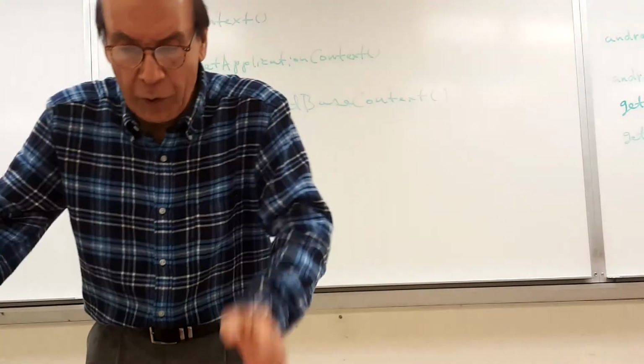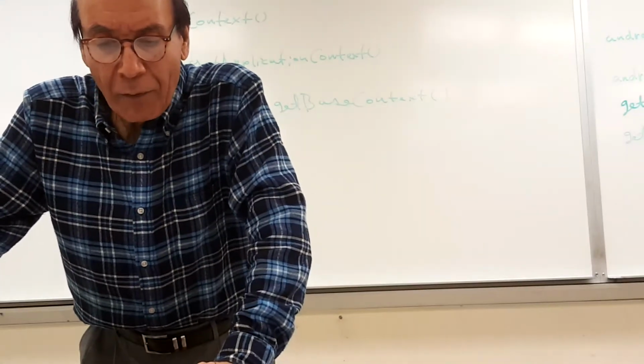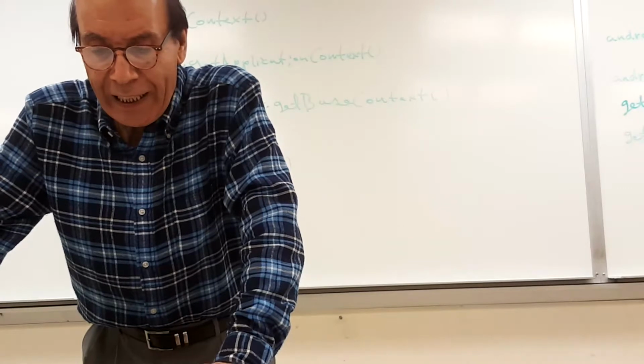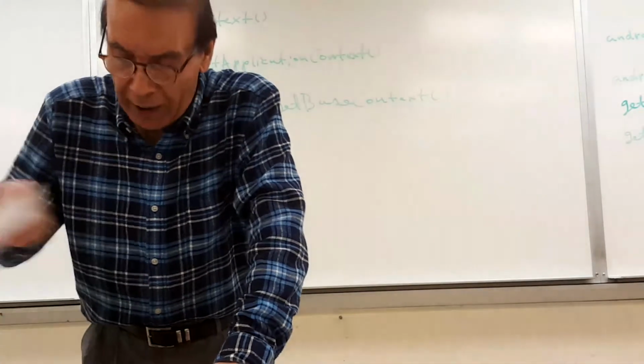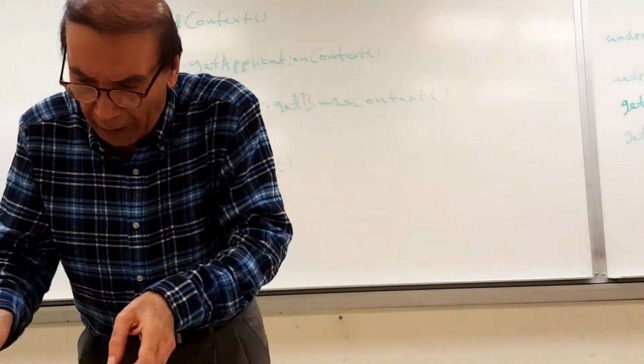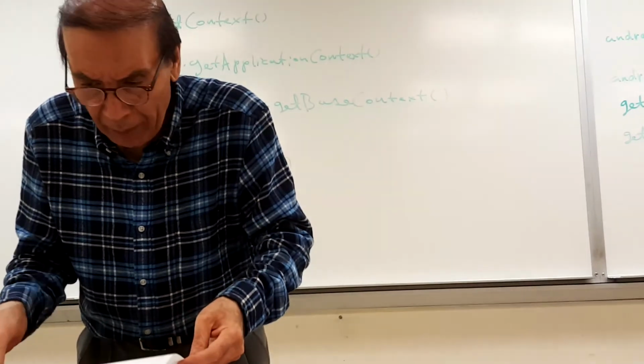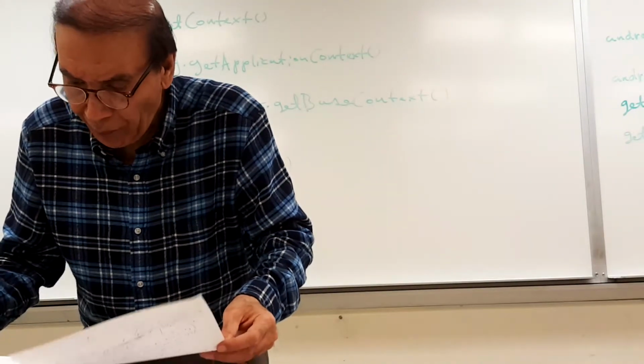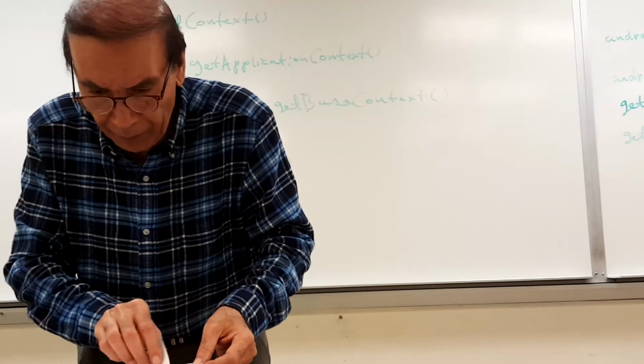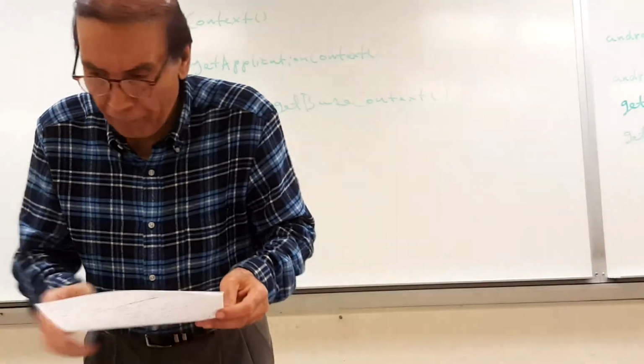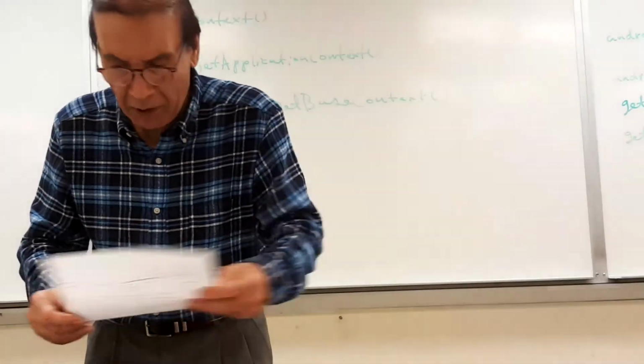Okay, let's go for an example. First of all, how to create the notification. I'm going to be looking for a good example. Some of the examples are not very good here.